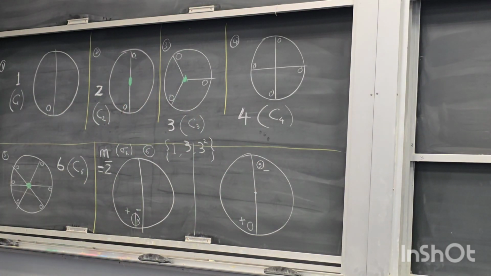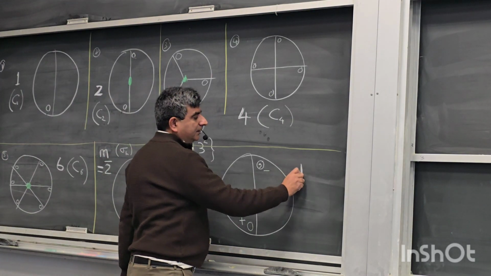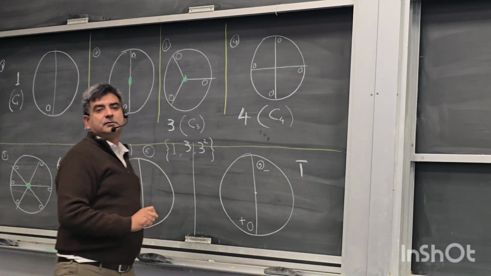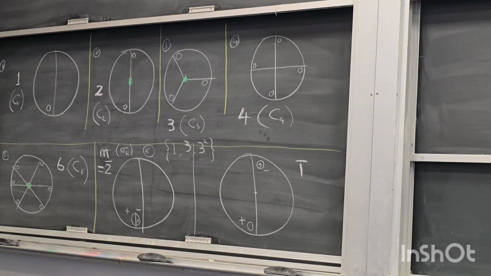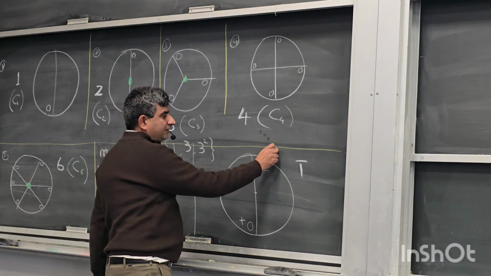This is another point group. This point group has a symbol 1 bar. Simple inversion. I think it has the same symbol in the old notation as well. Okay, so this is my 7th point group.